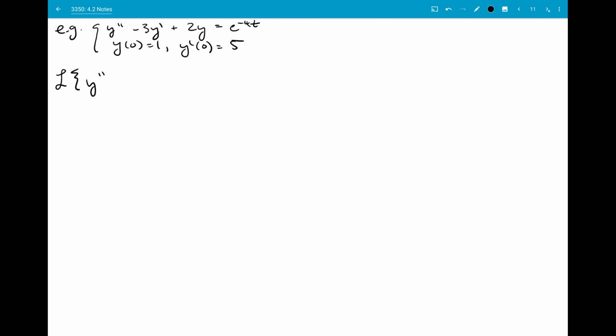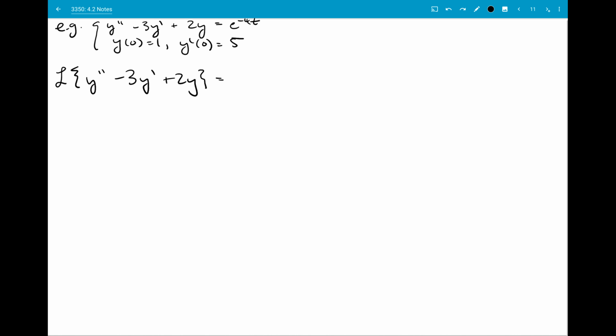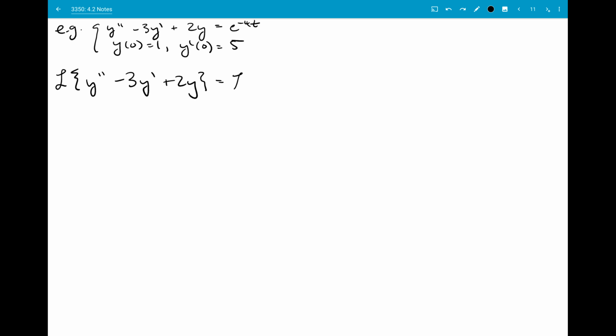We're going to say L of y double prime minus 3y prime plus 2y is our first concern. And that's going to give us 3 parts. I'll do this meticulously one more time.